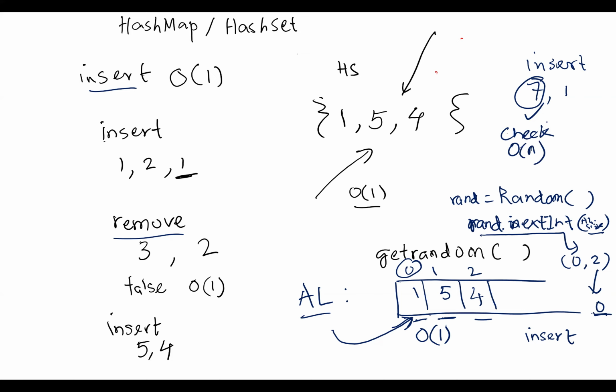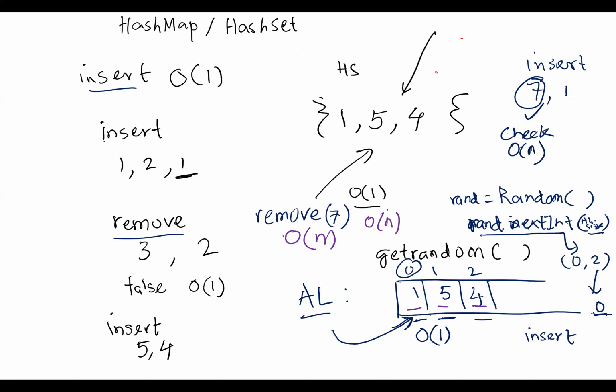And also removal: say remove 4, remove say 7, right? Now you go here and you have to check if 7 is there. So you have to check here, check here, check here, right? So it's order of n time to check where 7 is. That's another issue. So removal also cannot be done in order of one time.